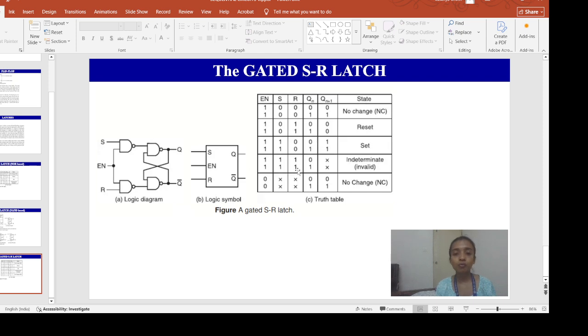And when both are 1, we will have this forbidden or invalid state. And when the enable signal is 0, because the circuit won't work at all, whatever the present state is, the same will be the next state, so no change will be there.